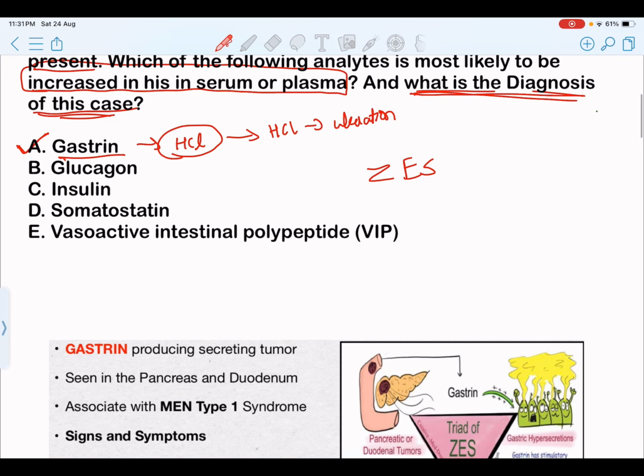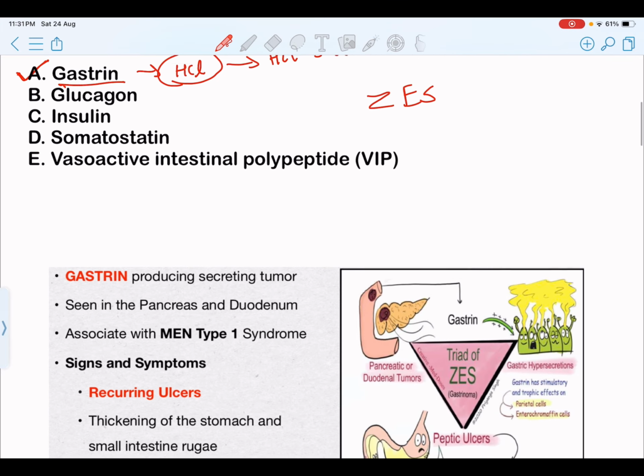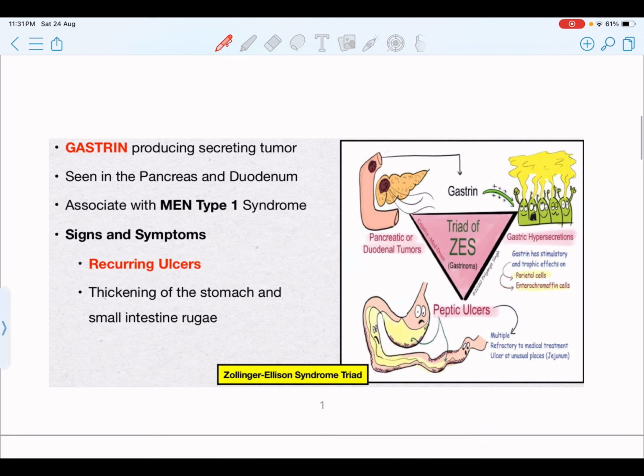Let's discuss Zollinger-Ellison syndrome. It is a gastrin-secreting tumor. The gastrin is secreted by a tumor, which is usually seen in the pancreas or in the duodenum, and is associated with MEN type 1 syndrome.